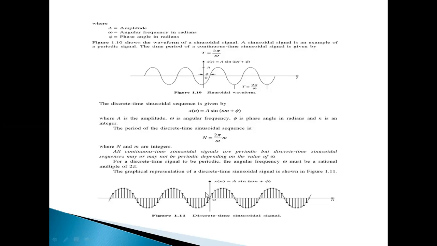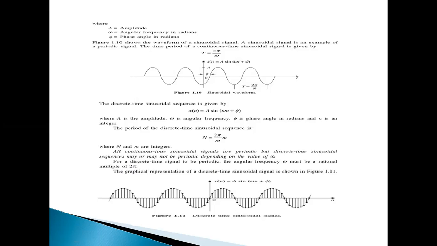Even though it is discrete, it is periodic because omega must be a rational multiple of 2 pi. Then the discrete time signal is also periodic. Otherwise, it is not periodic, also called an aperiodic signal.